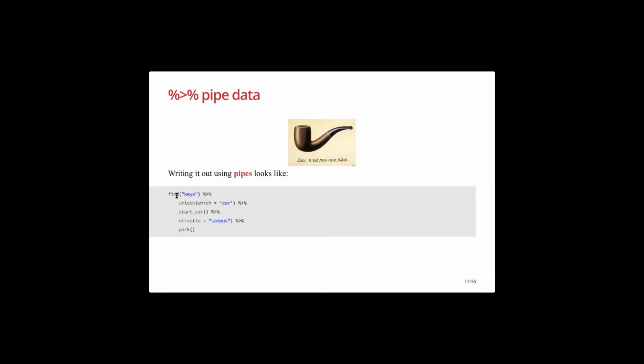What it's doing here is taking the results of one statement and piping it into the next, like a waterfall flowing through these pipes. You take this, and the results of this flow into this, which flows into this, which flows into this. So you can do one thing after the other and build up increasingly complex and interesting sets of manipulations, but it nonetheless remains very readable, and you can trace it very easily.